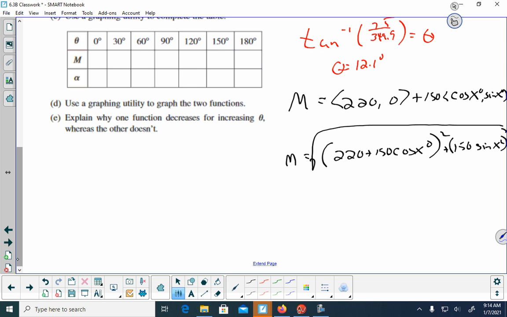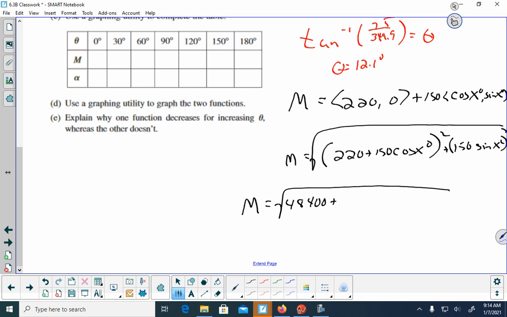If it were me, I would probably just throw it in my calculator like that and go with it. But the book does not do that, and I can simplify this so much more. So I'm going to go ahead and simplify it. When I take 220 plus 150 times the cosine of x and square that whole thing, 220 squared will be 48,400.